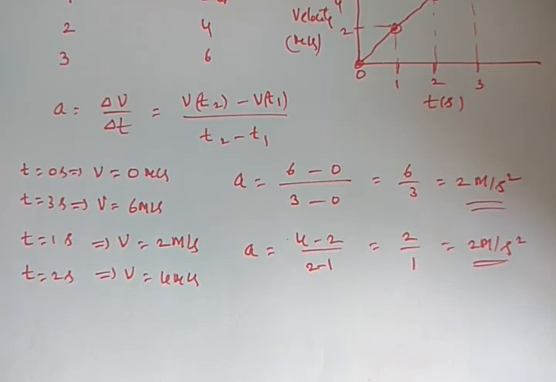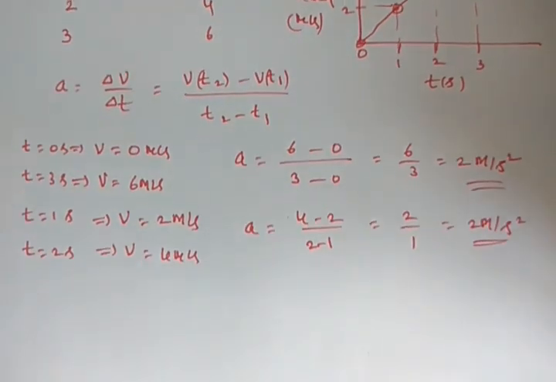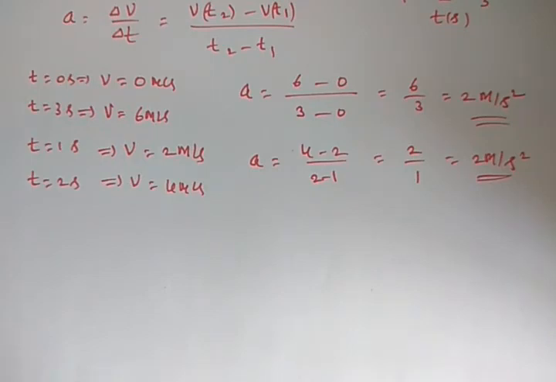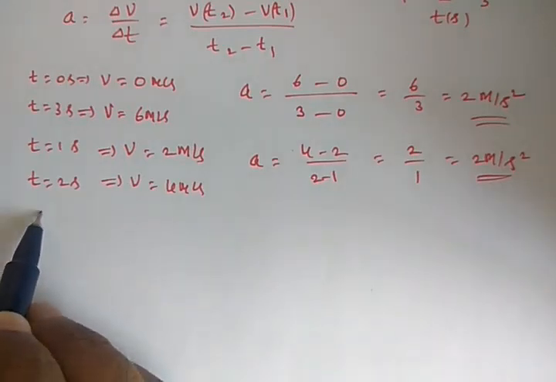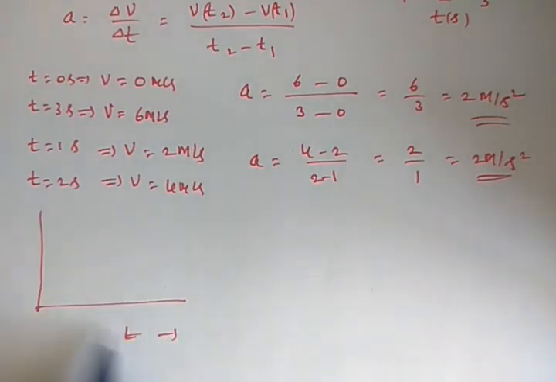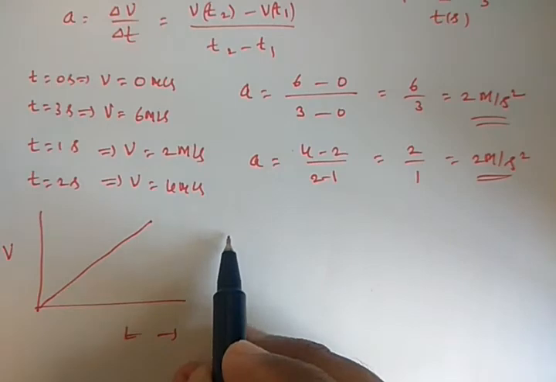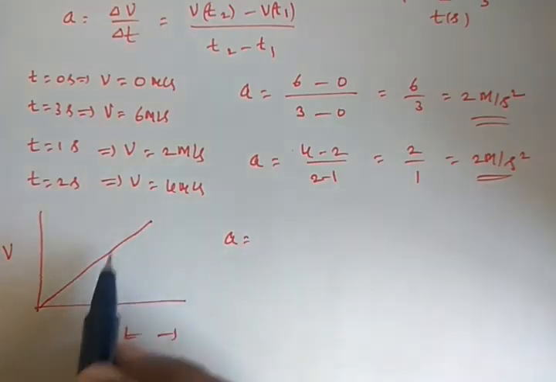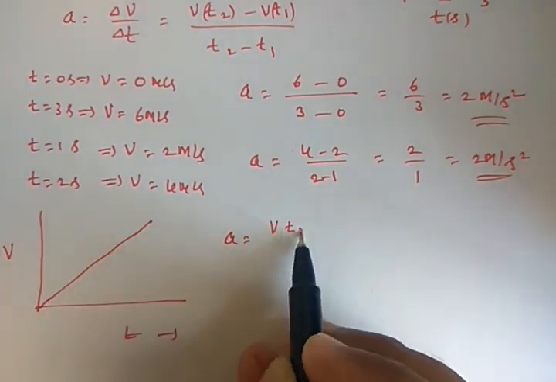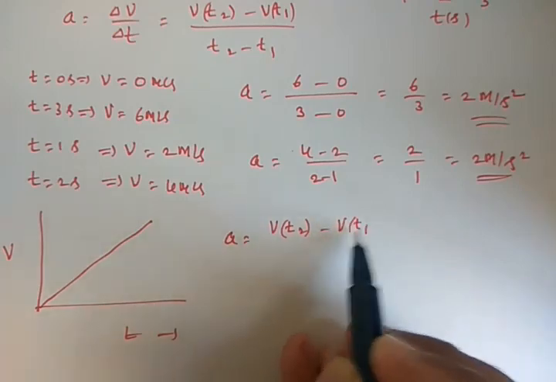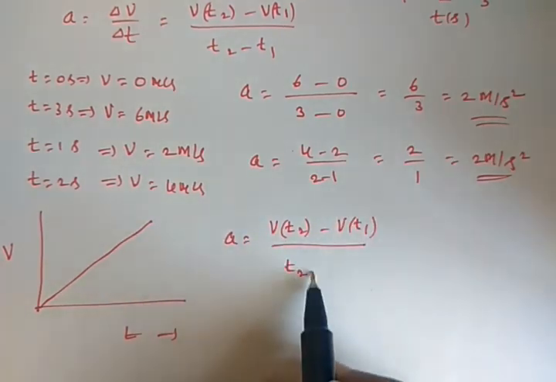So now you can simply write down, in general, if I have a velocity time graph like this, the slope of this graph will be your acceleration. So acceleration equals the slope of this graph, that is Vt2 minus Vt1 by T2 minus T1.